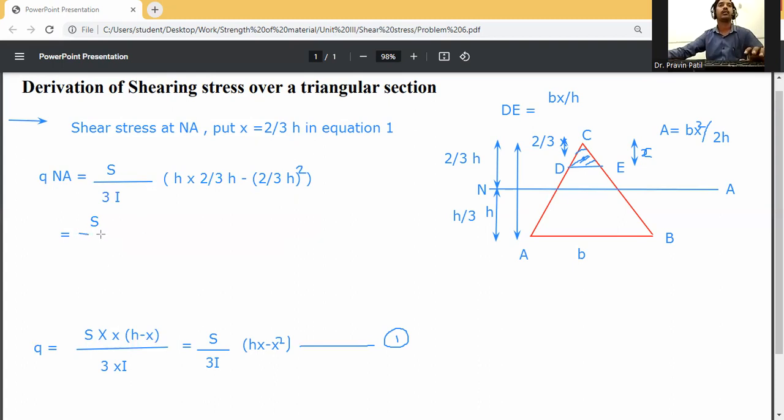So we get the final equation S by 3I. Here I is the moment of inertia for the triangular section at the neutral axis, which is b into h cube divided by 36.